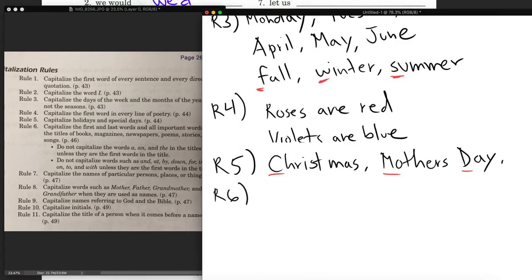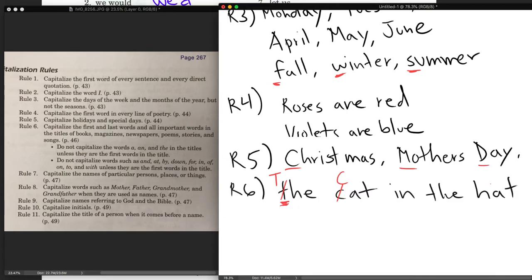So the example here, let me show you an incorrect example: "The cat and the hat." Only the first letter needs to be capitalized in the title. So "the" needs to be capitalized, even though it's not considered an important word. "Cat" definitely needs to be capitalized. "And" and "the" you don't need to capitalize, just like what we see here in the rule.